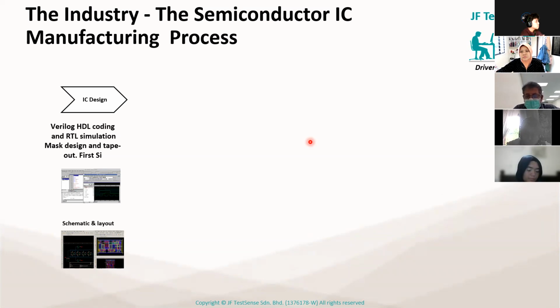Technology roadmap means, in the next 5 years, how will they see their application change? So when the company designs the IC, they will take into consideration the evolution over the next 5 years in the IC design. If that IC design is accepted by the end user, then the IC designers will start to develop the product. They will use tools like Verilog, HDL coding, real-time logic simulation, and so on.